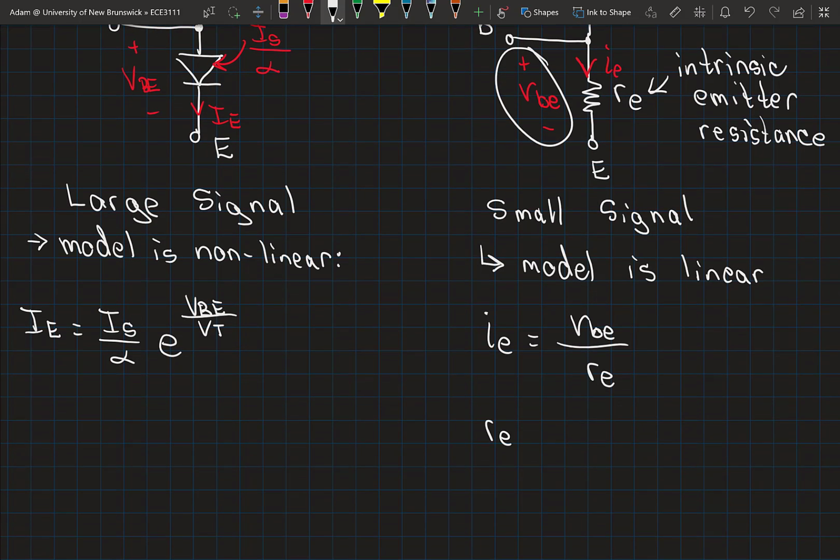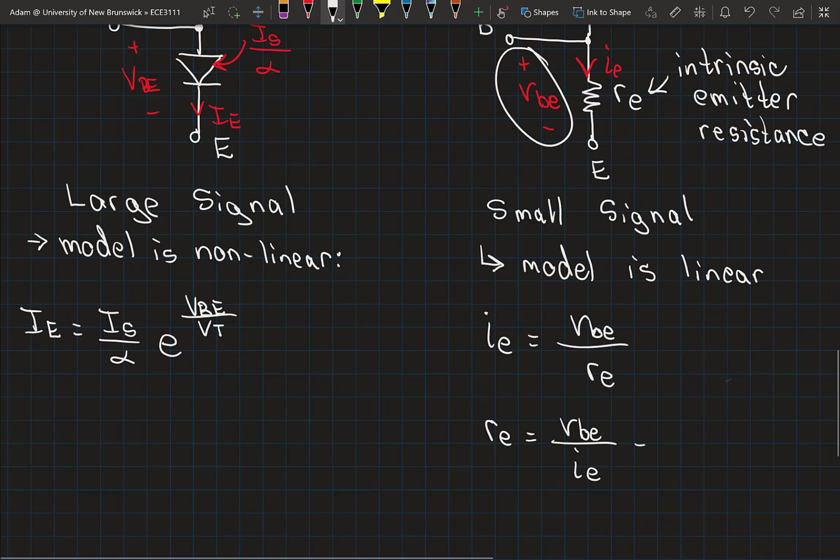That intrinsic emitter resistance, if we dig into it and rearrange this equation, you can see that the intrinsic emitter resistance is our small signal base to emitter voltage divided by our small signal emitter current.